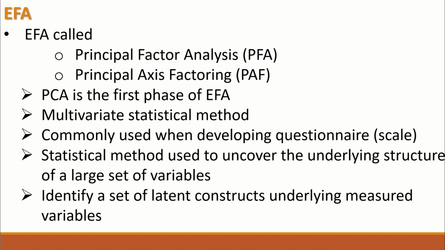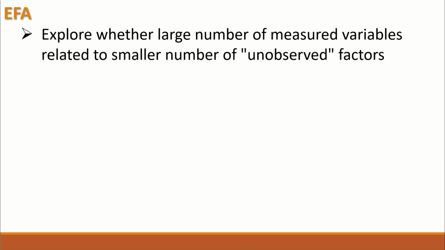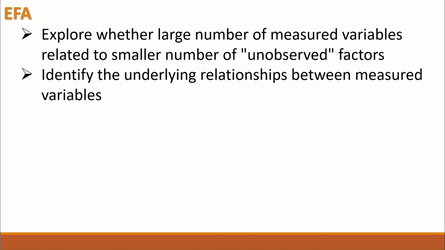It aims to identify a set of latent constructs underlying the measured variables, whether the group of variables measures a certain construct or factor. EFA is an exploratory method that will explore whether a large number of measured or observed variables relate to a small number of unobserved factors.